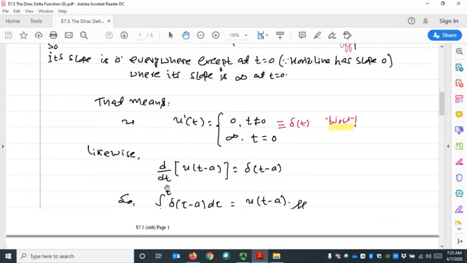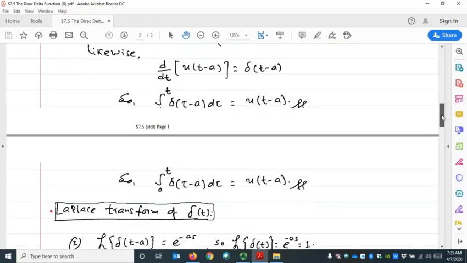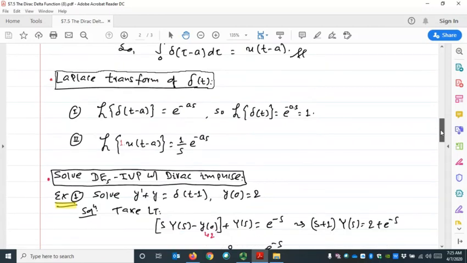Likewise, the derivative of the unit step function u of t minus a with respect to t is delta of t minus a, and the integral from 0 to t of delta of tau minus a d tau is u of t minus a. Great. Next, let's talk about the Laplace transform of delta functions.